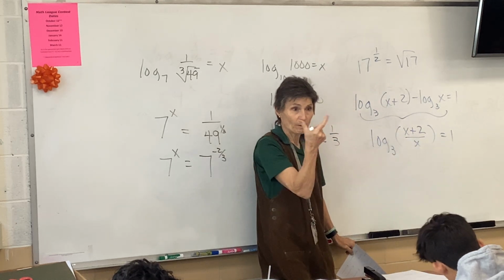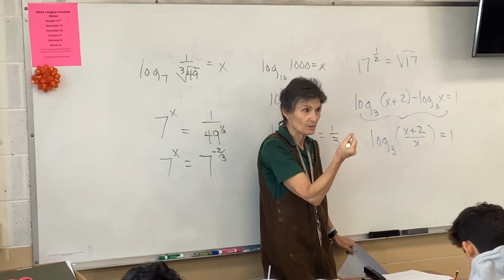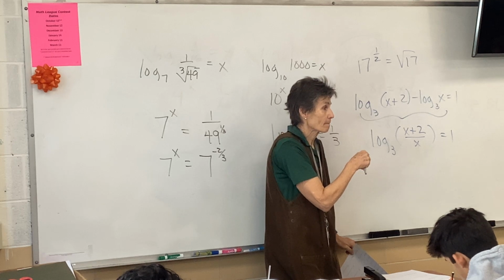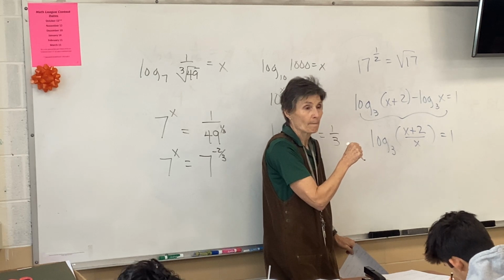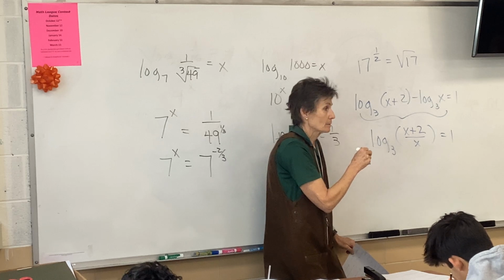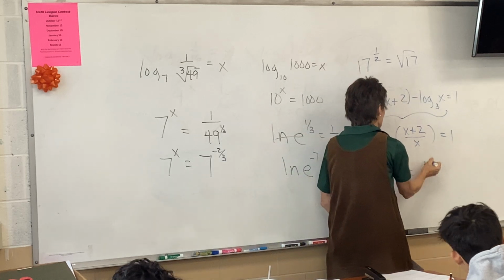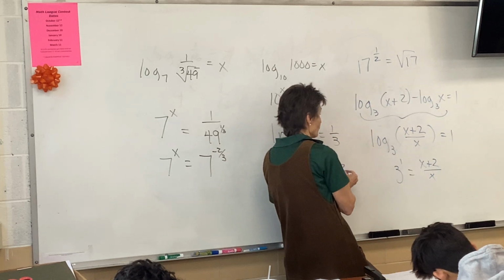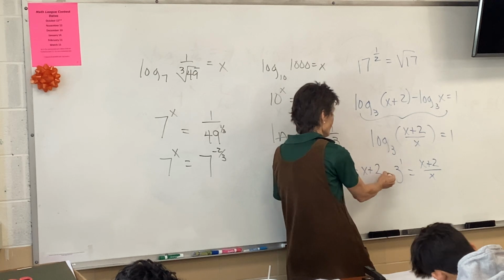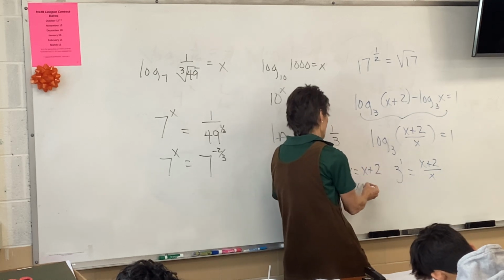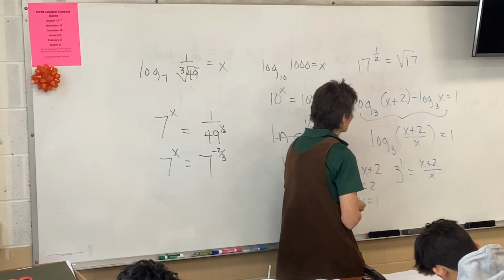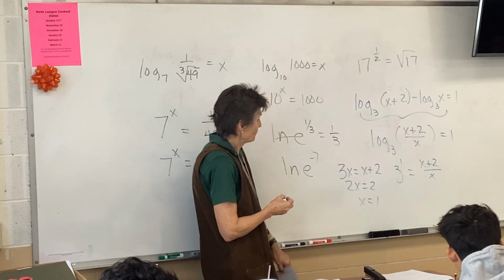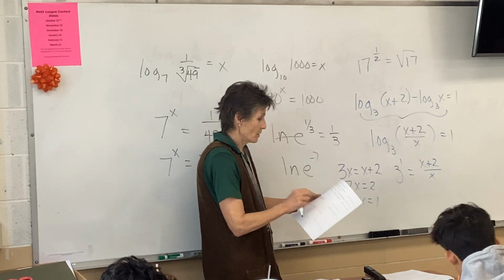Now what am I going to do? I put my logarithms together, which is what I need to do. Yep, so 3 to the first equals x plus 2 over x. So 3x equals x plus 2. Looks like x equals 1. Anybody else get that?